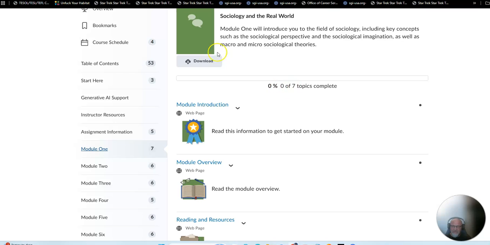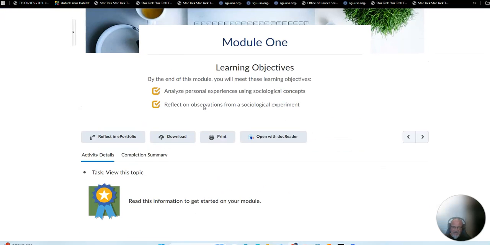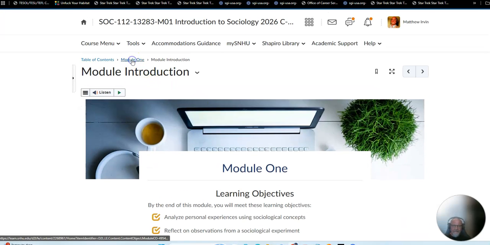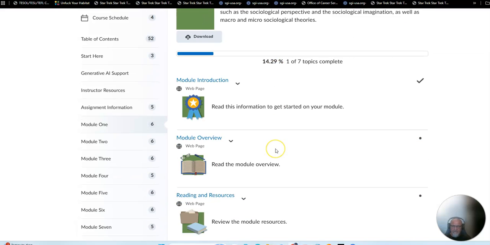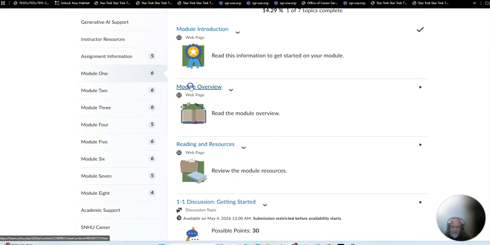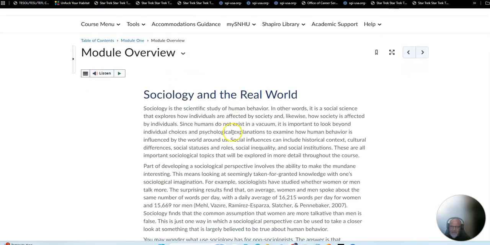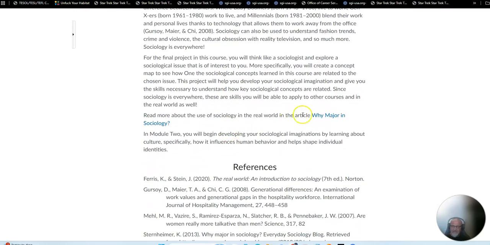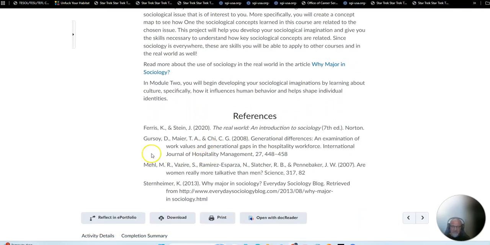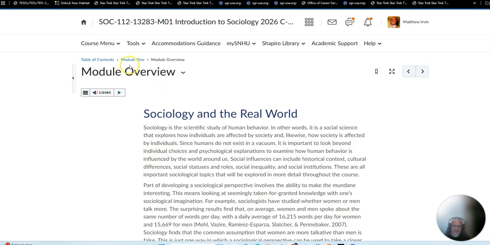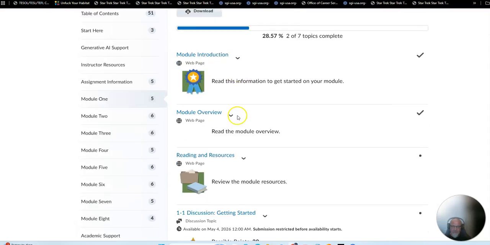The first thing you'll need to do is go through here and look at the module introduction. You will need to look at the overview, and it'll have some reading here and also some other references. It'll also tell you what you need to read from the text.